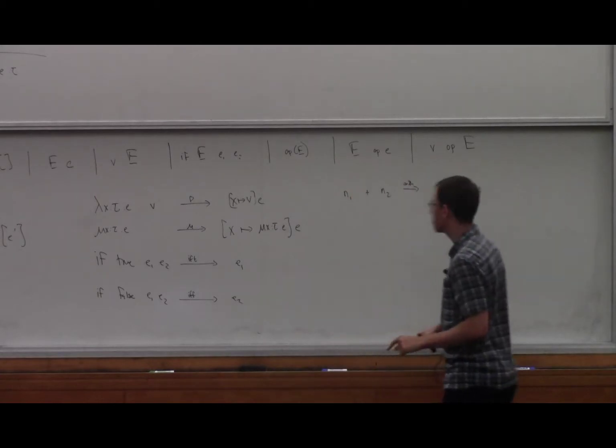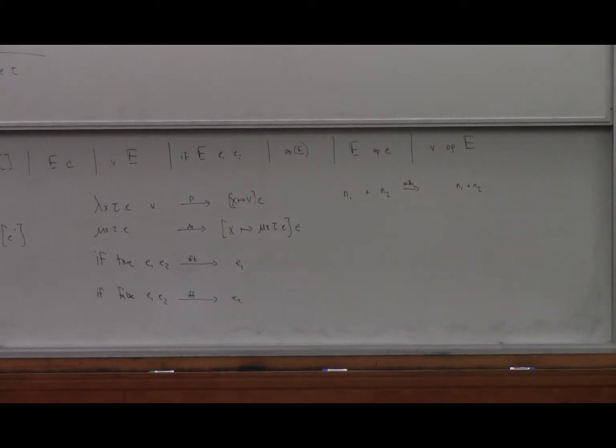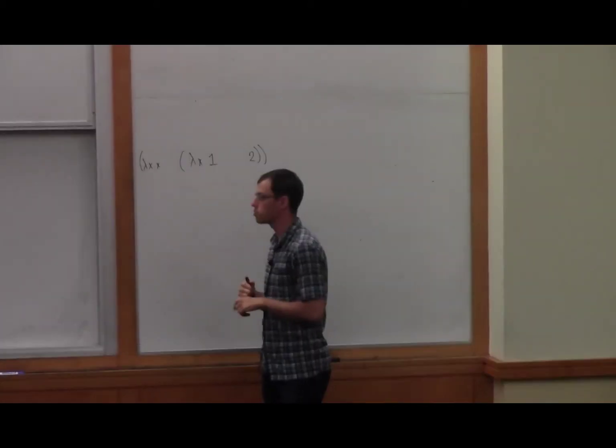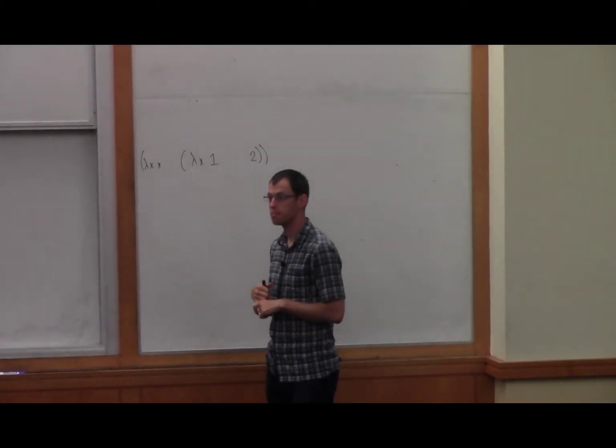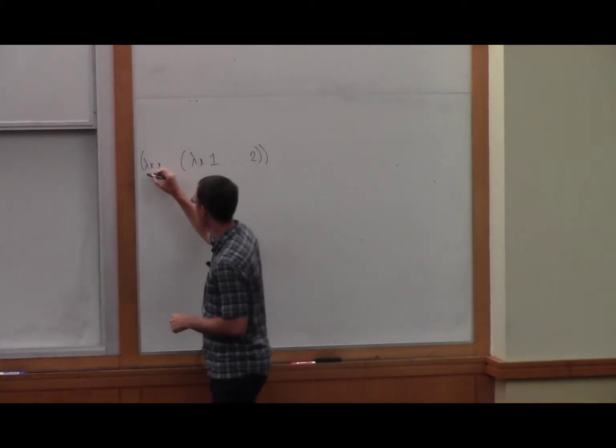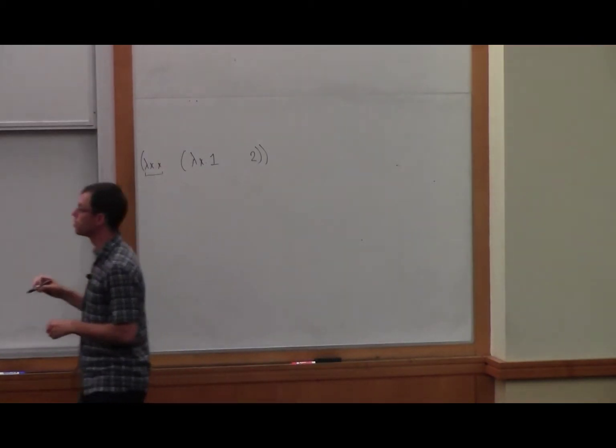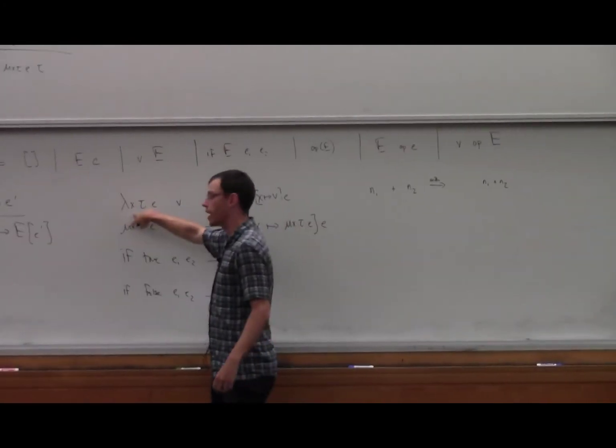Now, is this term of that form? Okay, so that means which is the lambda? Okay, so here's the lambda. That does indeed look like it matches lambda x dot e.